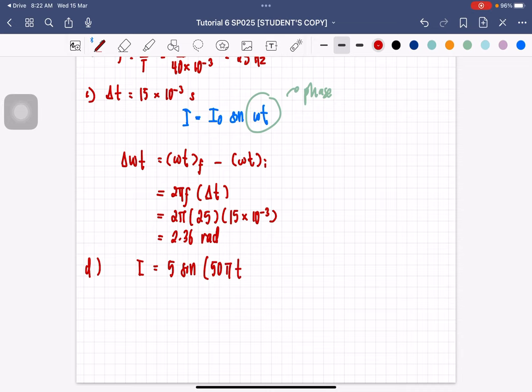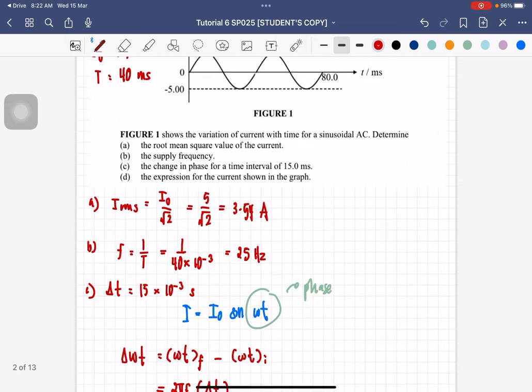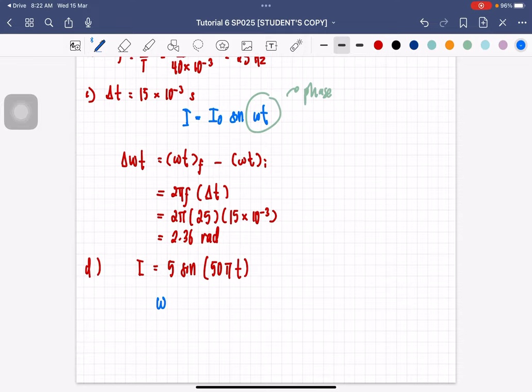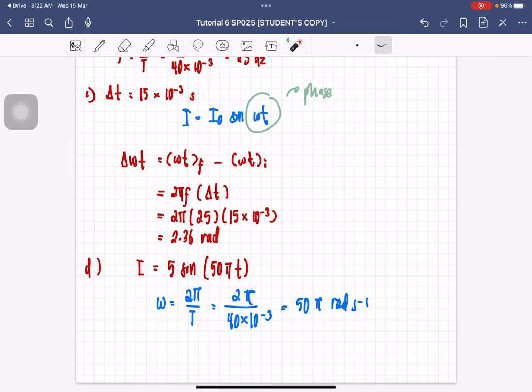Okay, so how did I get 50 pi? We know that we calculate omega, just now, as 2 pi over T. So this is basically 2 divided by 40 milli. I usually keep my pi there, so it's going to be 50 pi radian per second. Okay. Right, so that is the general equation for our current.